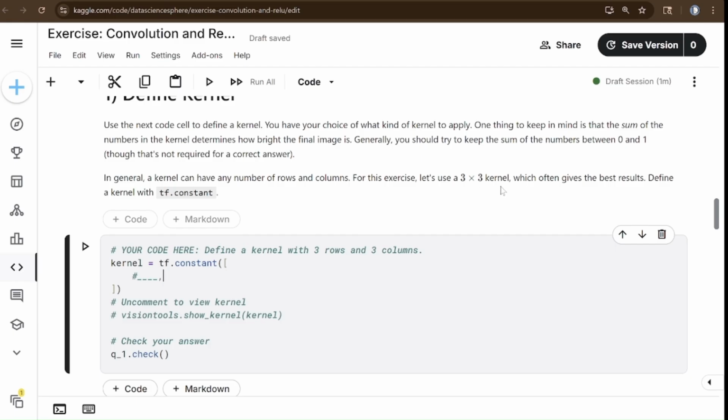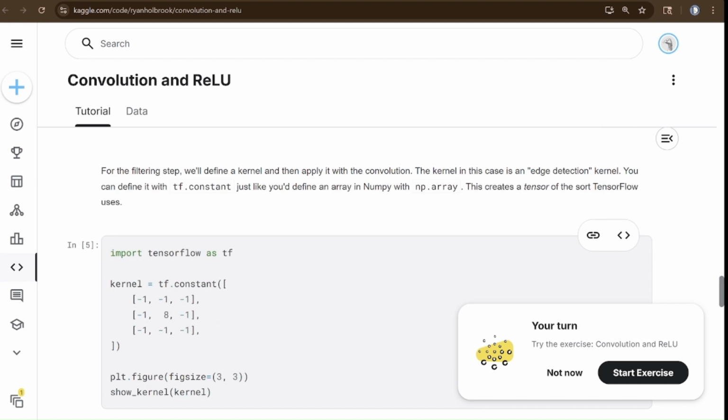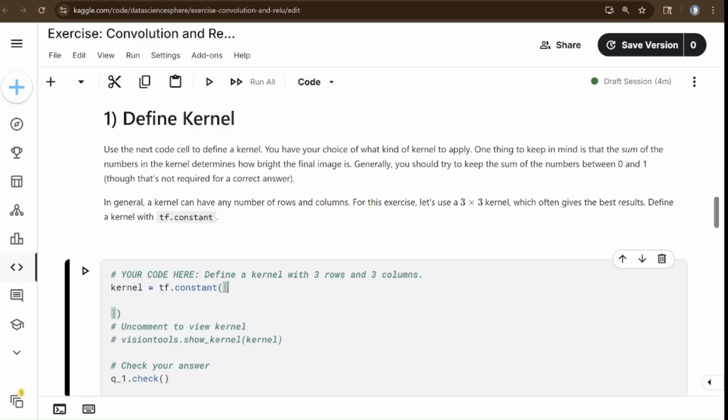In general, a kernel can have any number of rows and columns. For this exercise, let's use a 3 by 3 kernel, which often gives the best results. Define it with tf.constant. It is better that you keep the sum of the numbers between 0 and 1. So let's take the kernel from here. This is how you have to define the kernel. Let me just paste it here and we can change the numbers. Let me give -2, -3, -5, -6.